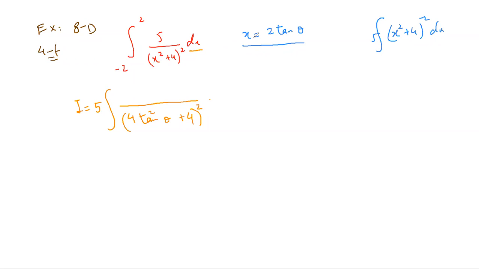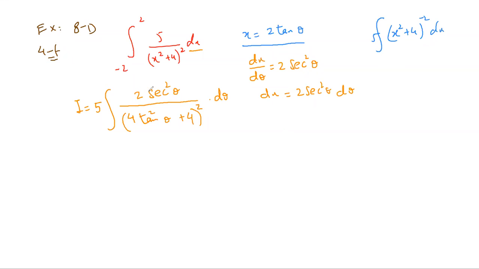You differentiate this: dx by d theta is 2 secant square theta. So this dx can be substituted with 2 secant square theta d theta.